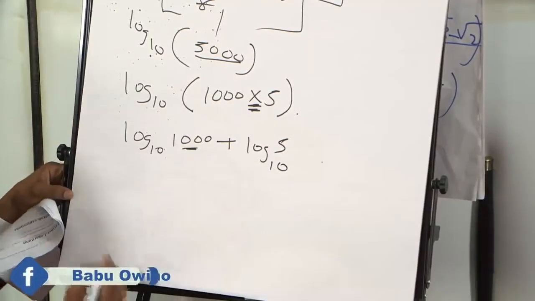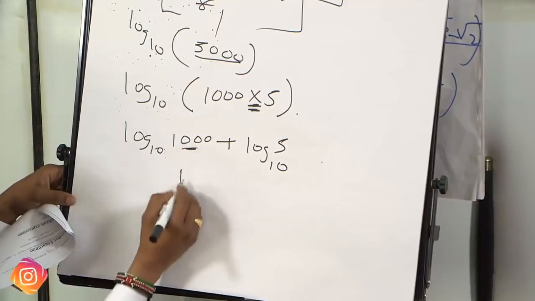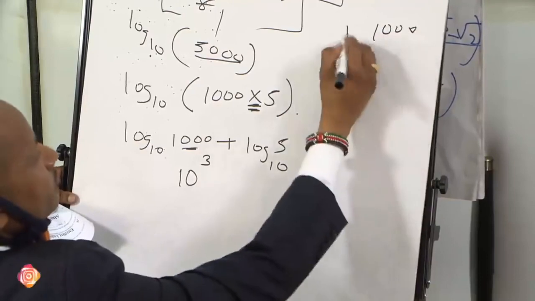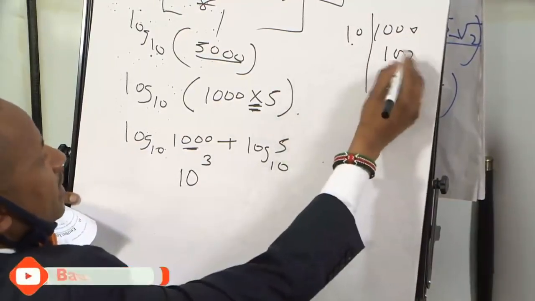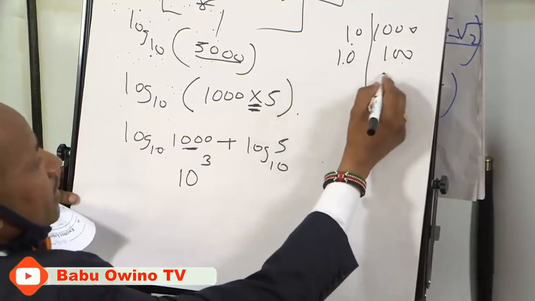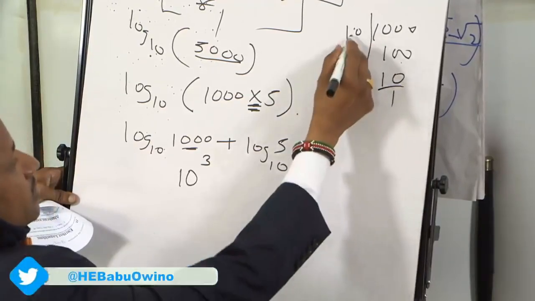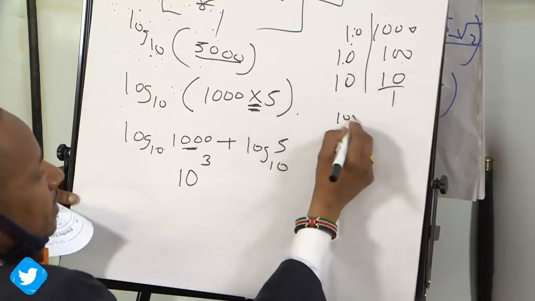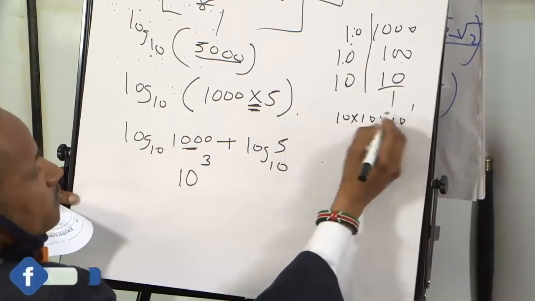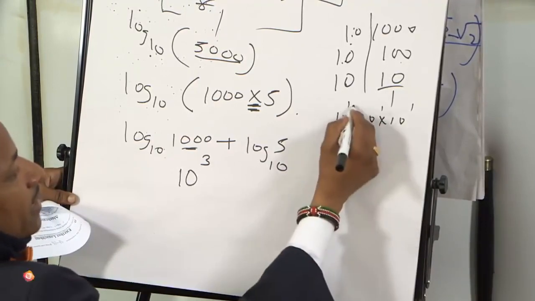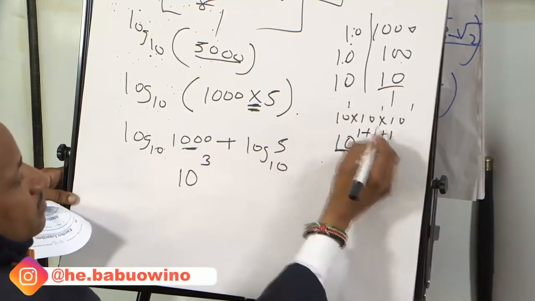Then if we further simplify, 1,000 is 10 raised to power 3. When you want to get 1,000, you put 10 here. 10 into 1,000, 100. 10 into 100, 10 times. 10 into 10, once. So this is 10 times 10 times 10, each raised to power 1. You only take 1 as the base, then you add the powers: 1 plus 1 plus 1.